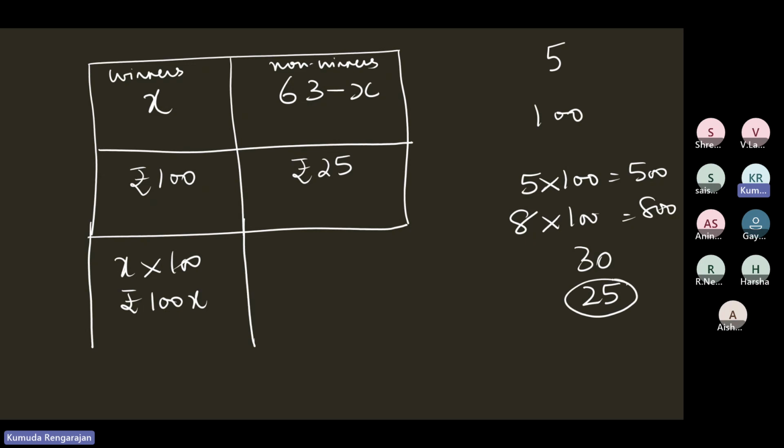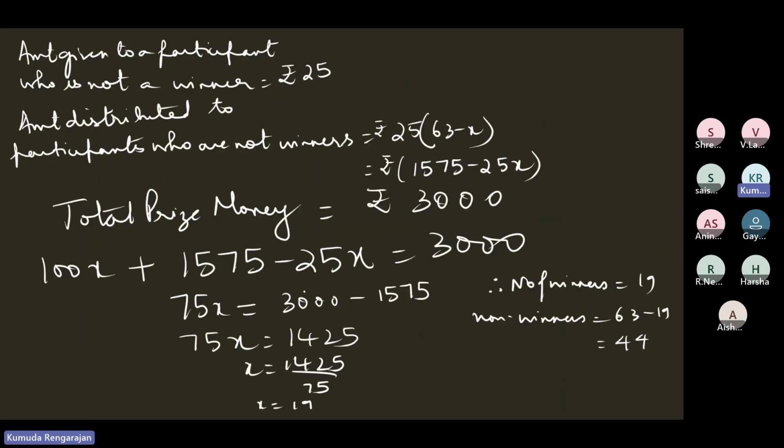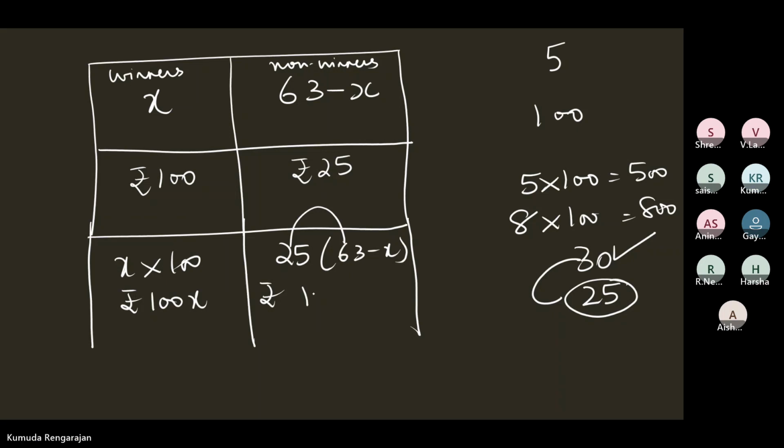In the same way here, how many non-winners? 63 minus X. How much are we giving each one? 25 rupees. How do you find the total money? Multiply. So it is 25 into 63, which is 1575, minus 25 into X, which is minus 25X.